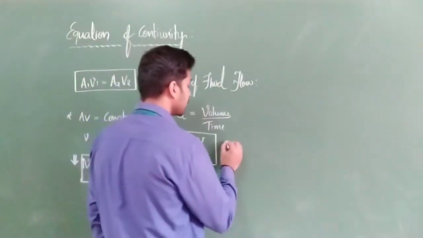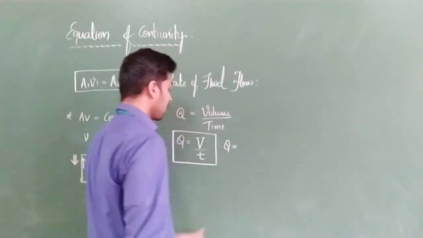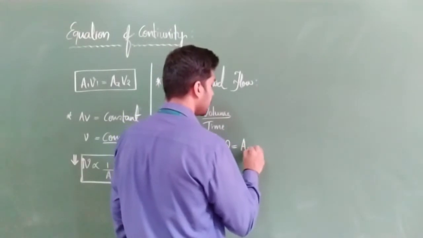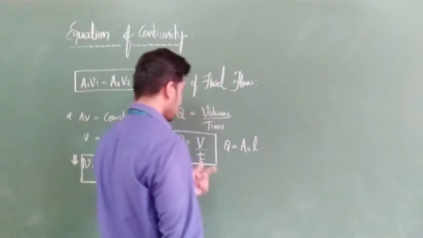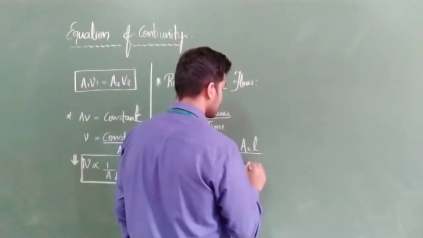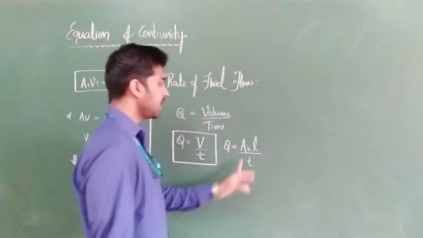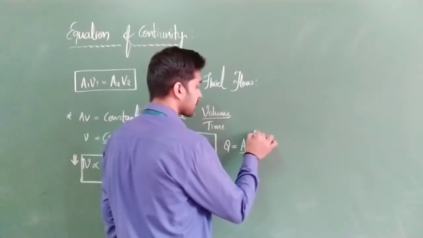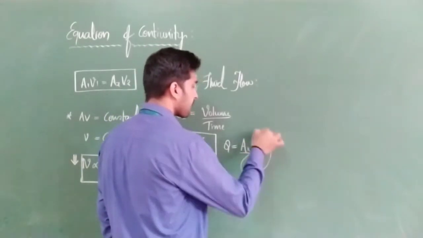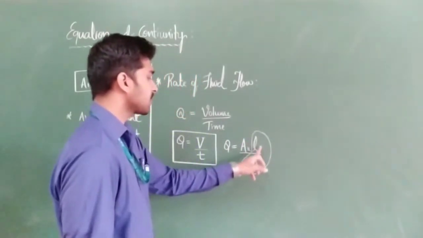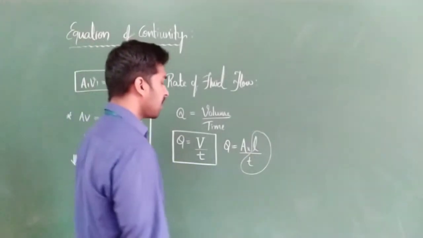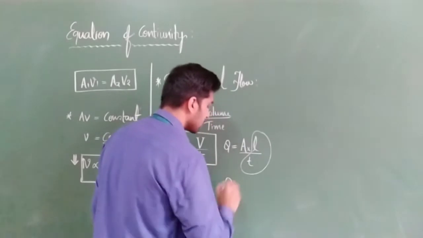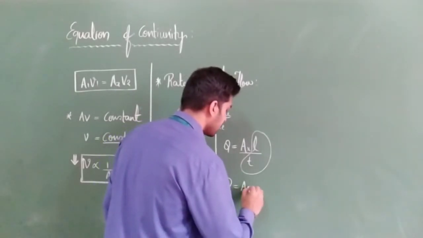So Q is equal to A into L, whole divided by T, as already mentioned. Clear? A into L divided by T. Now just look at this L by T. What can I write? Velocity. Correct now? So Q is equal to A into V.